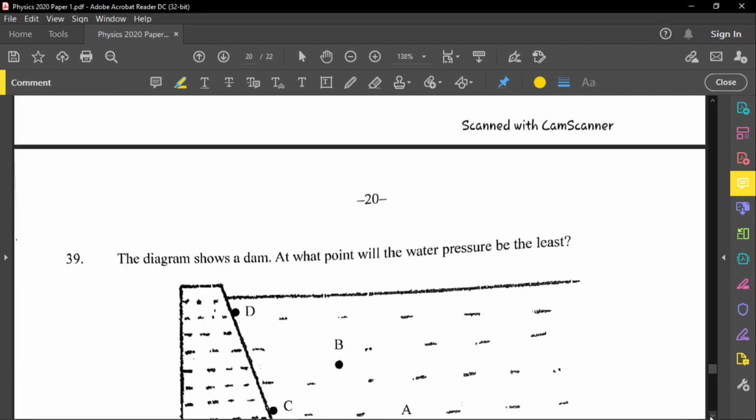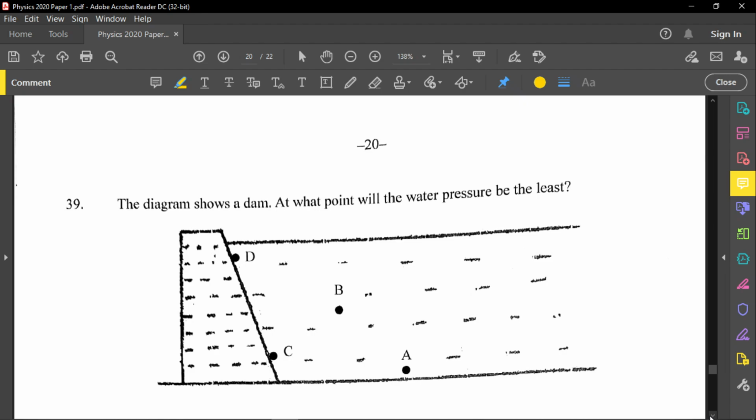All right, 39. For question number 39, it said the diagram shows a dam. At what point will the water pressure be the least? Remember that water pressure increases with depth. So the further you go down, the greater the pressure. So the least pressure has to be at point D. That's the highest point. The higher you are, the less pressure.